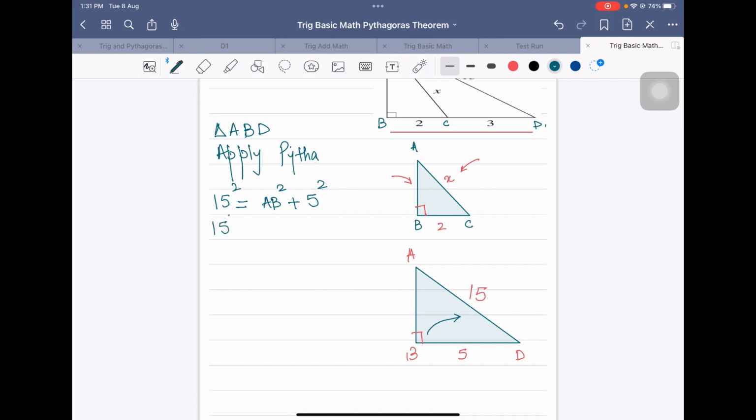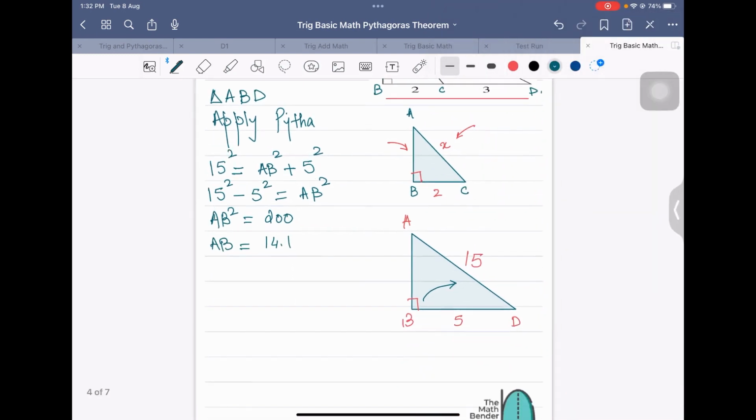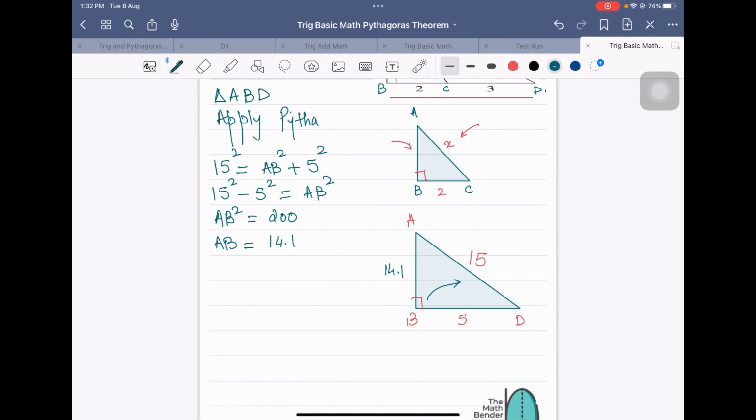And 15 squared minus 5 squared is equal to AB squared. 15 squared minus 5 squared is 200. So AB squared is equal to 200. If I root it, I'll get the answer as 14.1. So the length of AB is 14.1.